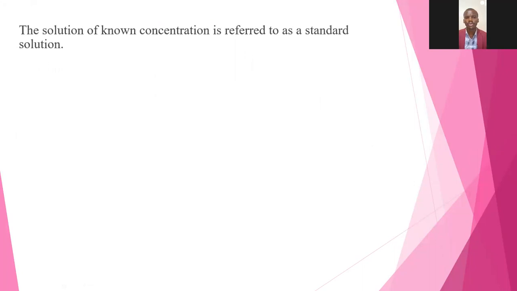Now let's see the next one. A solution of a known concentration is referred to as a standard solution. So maybe you can be told to prepare a standard solution. When the teachers are preparing the reagents to be used in titration, the solutions are standard.